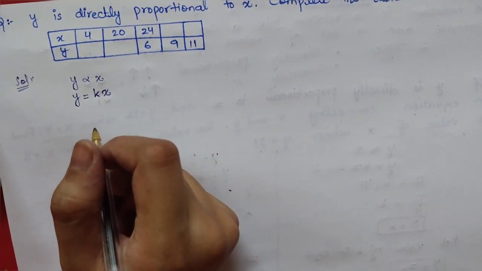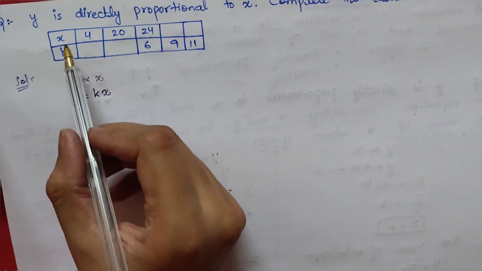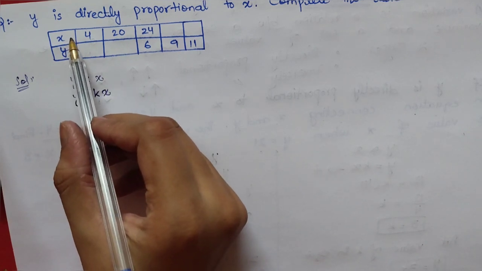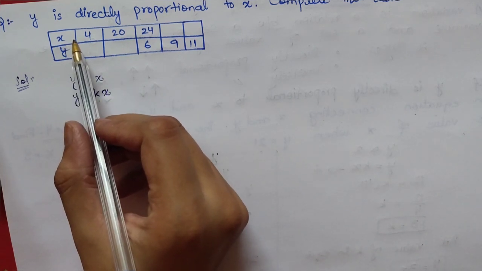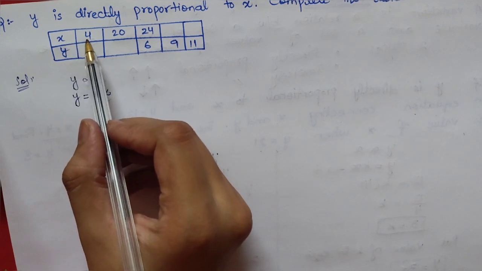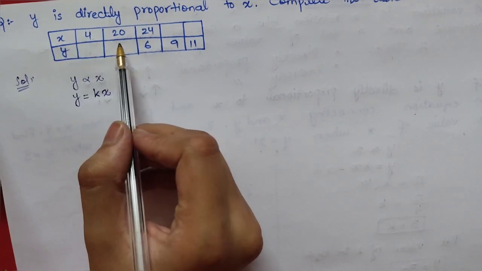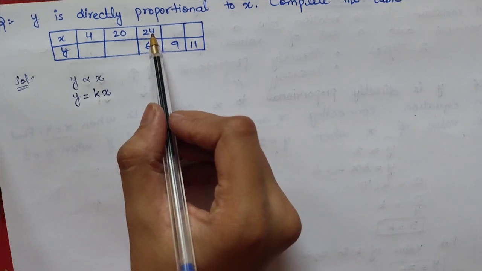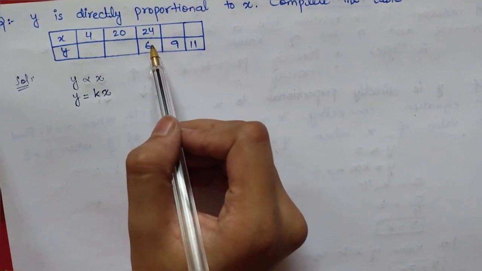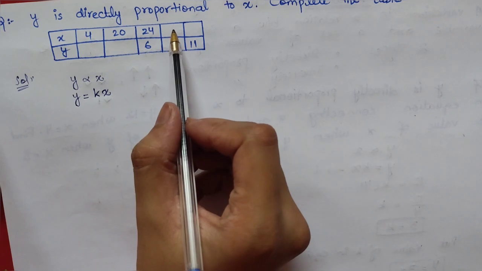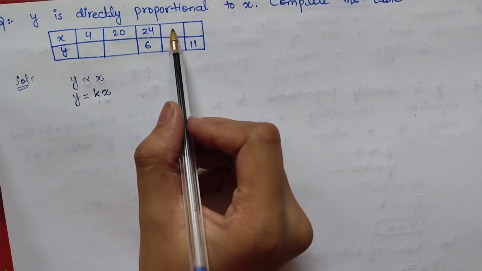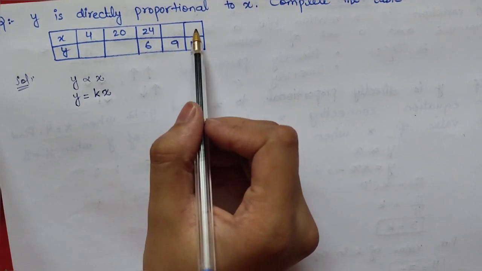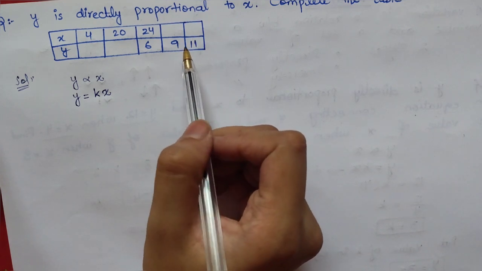Next, what will we have to do? We have to complete the table. Here we can see we are given the values of x 4, y unknown, x 20, y unknown. Then we are given the value of x 24 and y 6. Next, in the table, x is unknown, y is given, again x is unknown, and y is given.